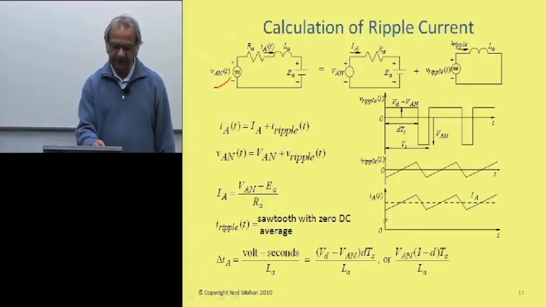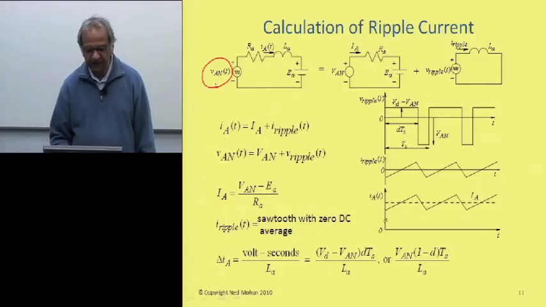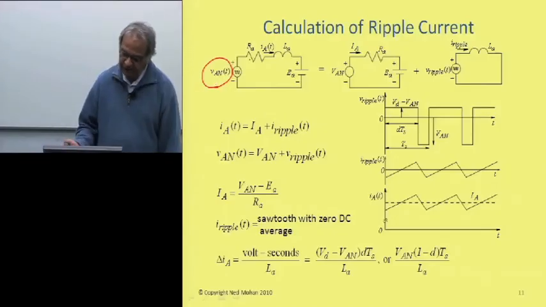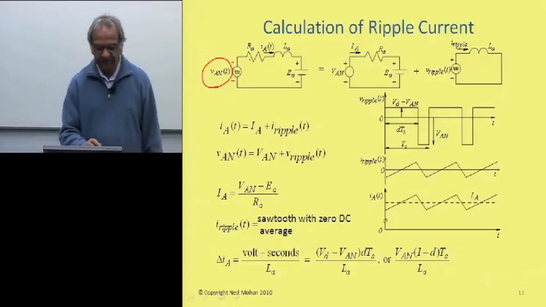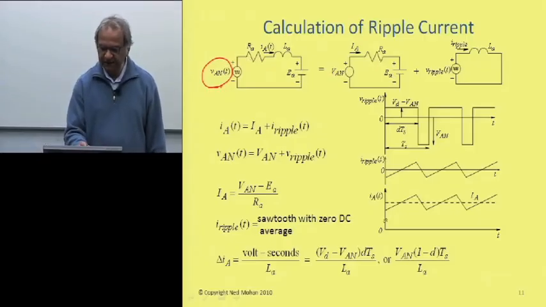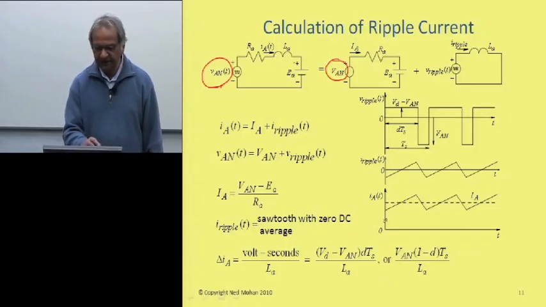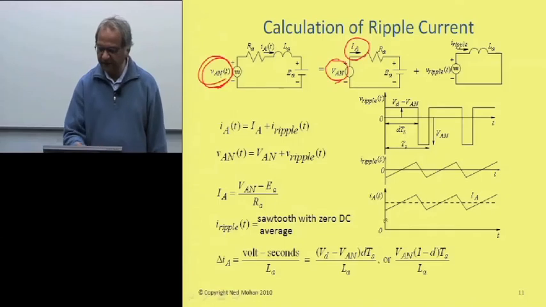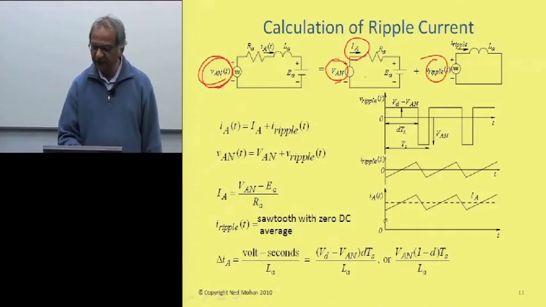This is the pulsating voltage that appears across this DC motor equivalent circuit, and we can use superposition here. We can calculate its average value, which is indicated by this uppercase letter here, and inductance plays no role. So we can calculate IA, and if you subtract this average value from this pulsating waveform, what remains is the ripple voltage.